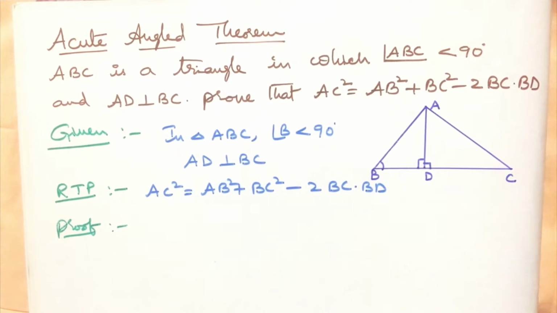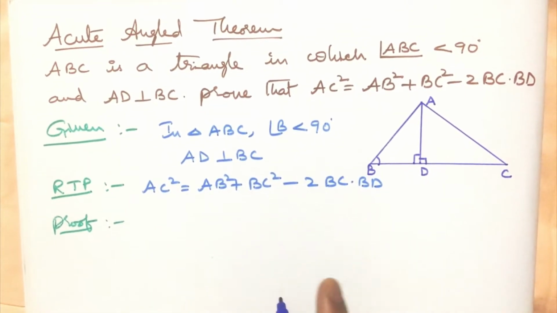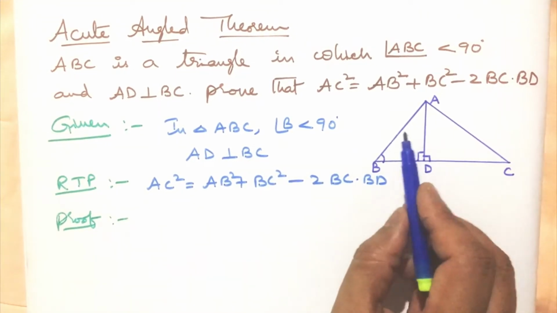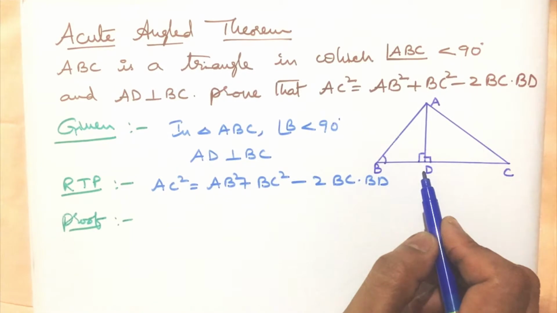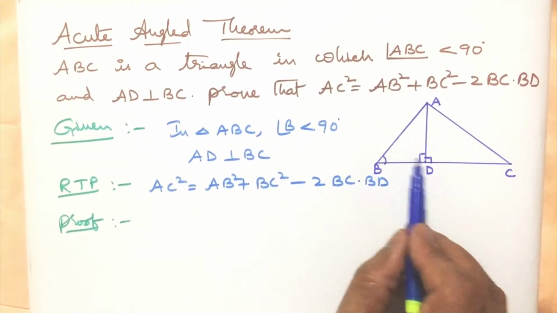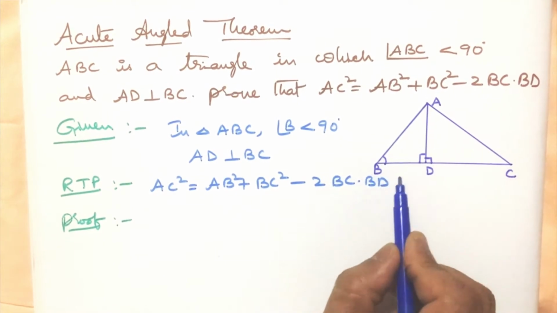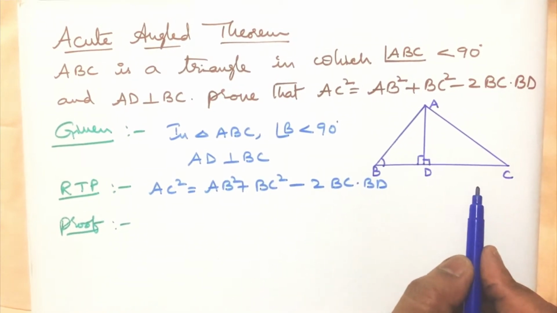Coming to the proof, by using the Pythagoras property, we know that in a right angle triangle, the square of the hypotenuse is equal to the sum of the squares of the remaining two sides. When we see the figure, ADB is a right triangle, and ADC is also a right triangle.